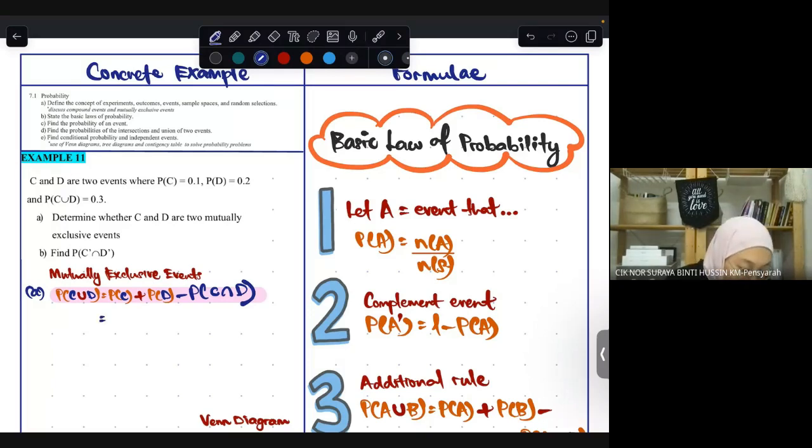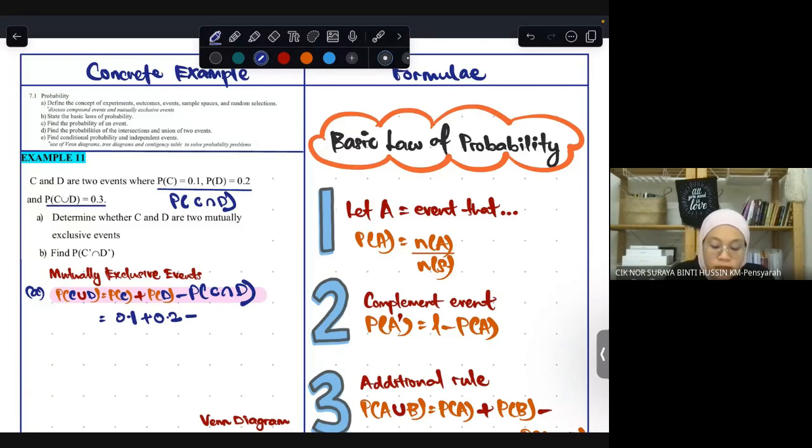If you substitute this in, you will see that 0.1 plus 0.2, and then is there a probability of C intersect D here for you guys? There is nothing talking about intersection.